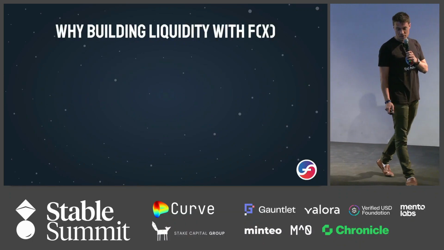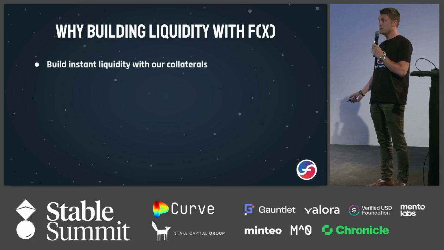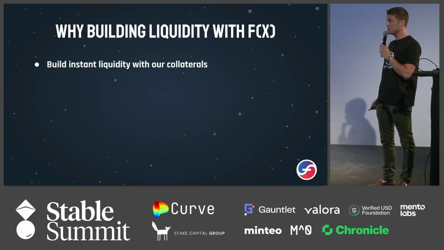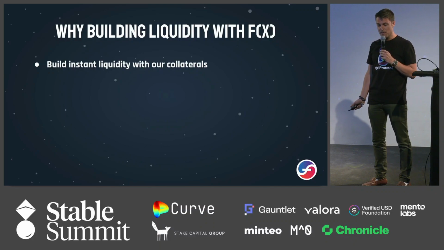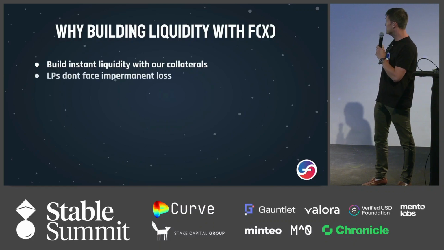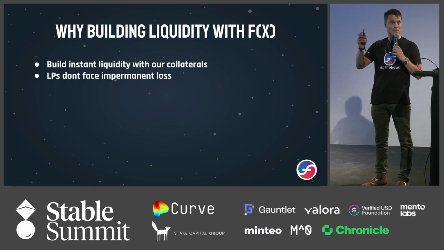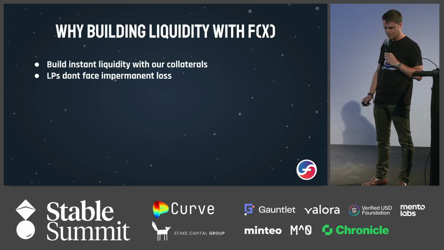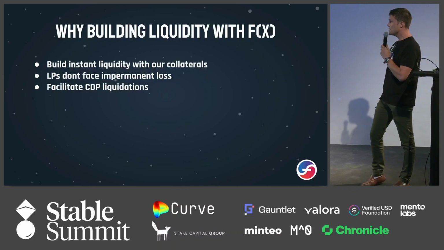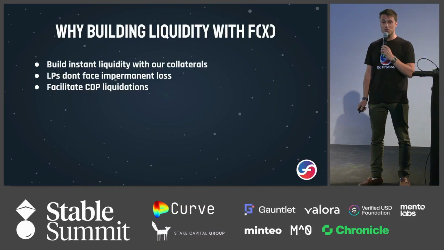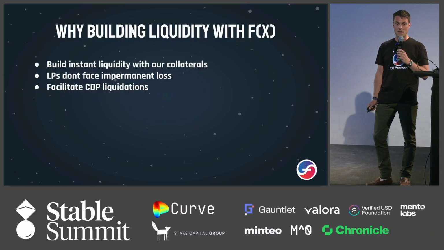So why build liquidity with one of the FX stablecoins? As I told you, you're building instant liquidity with the collateral. And since you're building liquidity with the stablecoin, your LPs won't face any impermanent loss at all, because FXUSD, RUSD, BTCUSD are perfectly pegged at all times. And if your stablecoin is a CDP model, you may be interested in building efficient liquidity with your collaterals to facilitate liquidations, for instance.